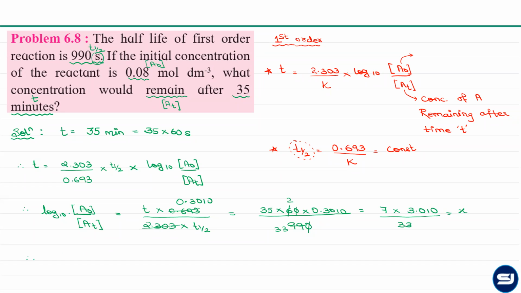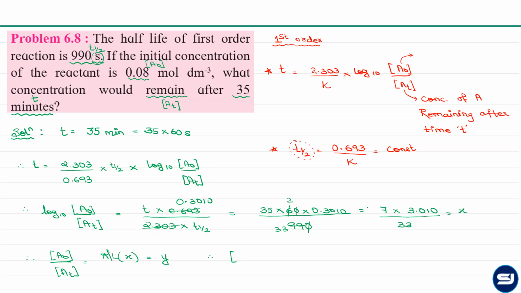So next step क्या करोगे to eliminate the log? Anti-log. Take the anti-log. So A naught by A का ratio will be equal to anti-log of whatever value you have calculated, and let's say ये आया y. यहाँ पे जो solve करोगे ना उसका जो value आएगा उसका anti-log लेना है.